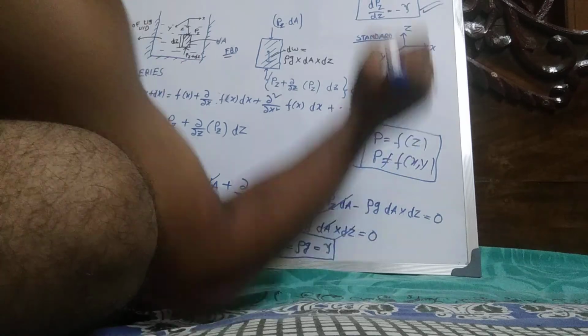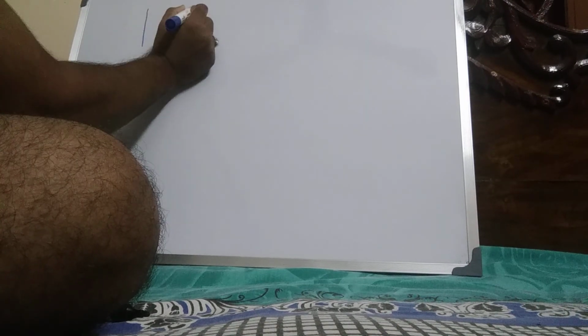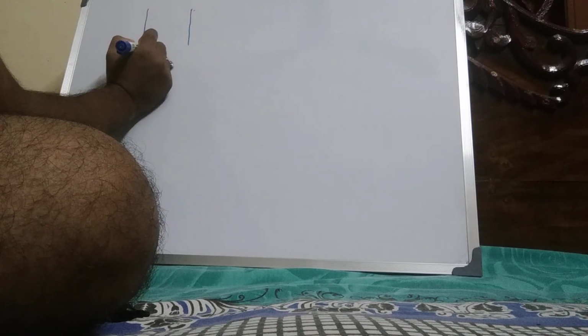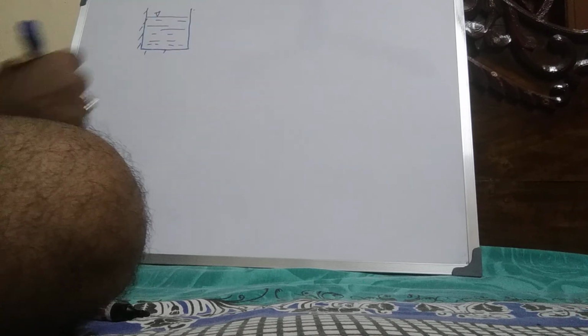Please understand. Suppose a container, this is the free surface, and this is point A, this is point B, and this height is h.